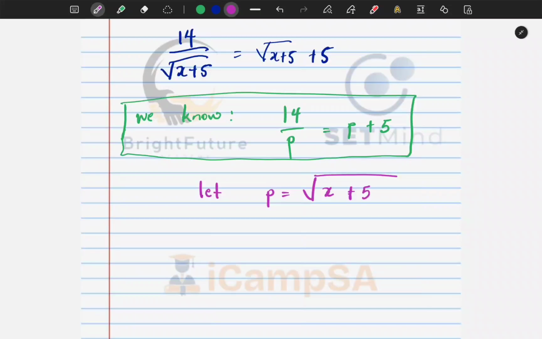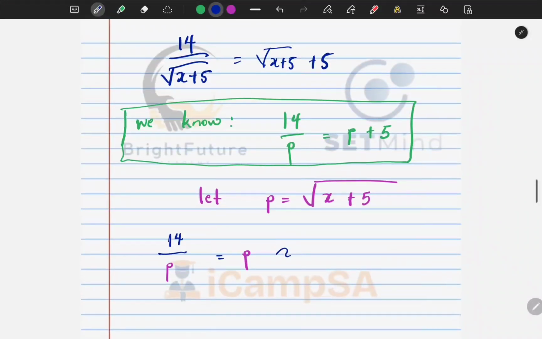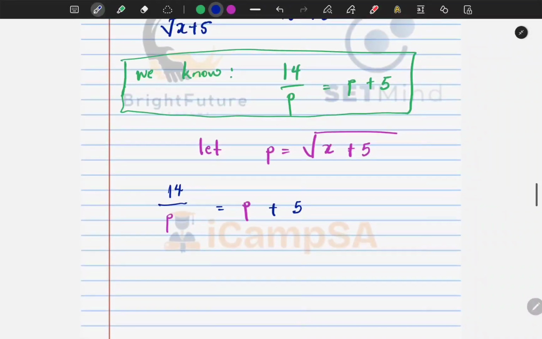When we rewrite this, it's going to be 14 divided by p equals p plus 5. So we know the value of p.